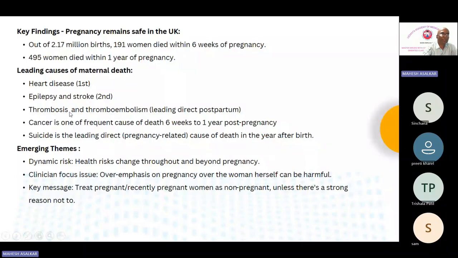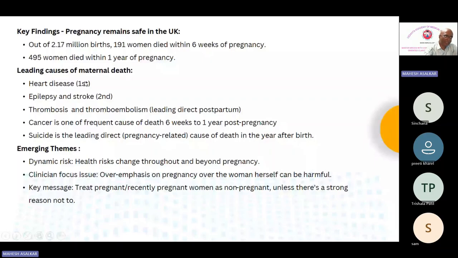Okay, then coming to the direct causes. So what is the leading direct cause? The thrombosis and thromboembolism, and not the postpartum hemorrhage. Remember, PPH, preeclampsia, these are also direct causes, but the leading direct cause is the thrombosis and thromboembolism, and the leading indirect cause is the heart disease. Okay, first cause.